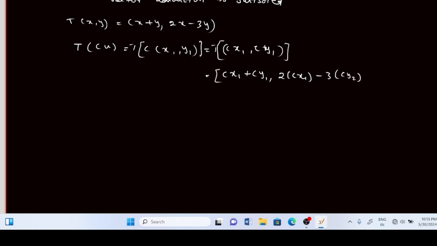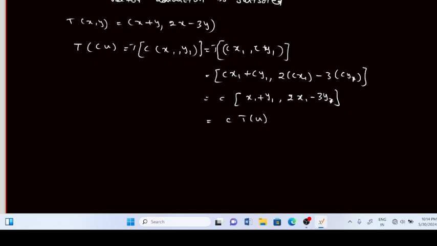Here we can see that each and every element is multiplied with c. We can take c as common. We can write it as c times (x1 plus y1, 2 times x1 minus 3 times y1). Already we have seen that this is nothing but c times T of u.